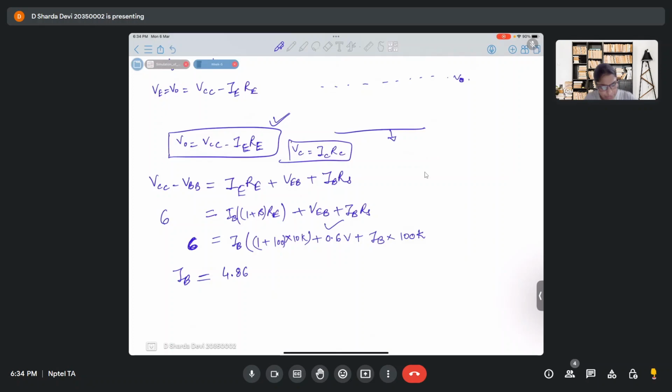Can you check the values once, also your units? IB should come around 0.5 milliamperes. Can you check your calculation once?